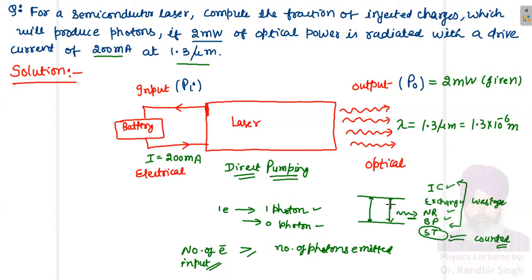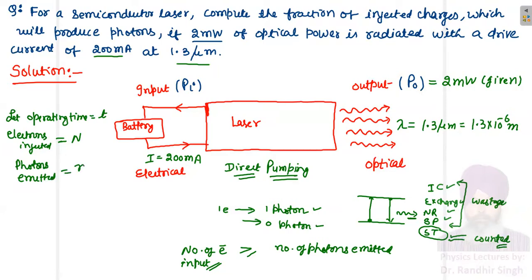This is our task. Let us suppose that the operating time is t, and the electrons injected in this time are capital N. Let us say the photons emitted in the same time at the output are small n.